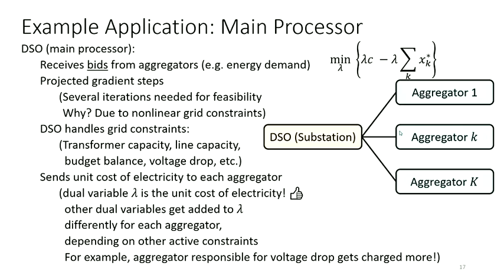Anyway, these are practical issues, but you understand what's going on basically. These are just add-ons, but you can still think about the original framework and ignore all these. So there's a scalar lambda that gets incremented using projected gradient descent, and then the DSO sends it back to the aggregators.